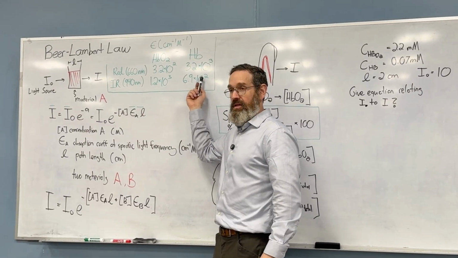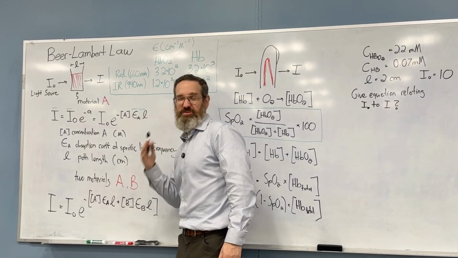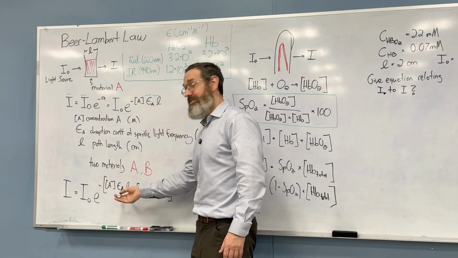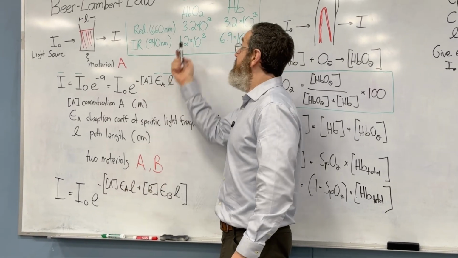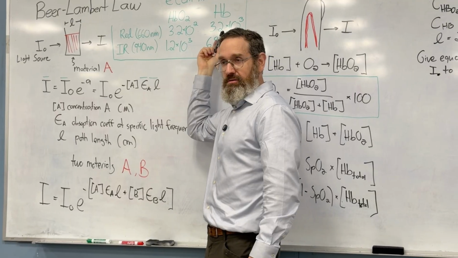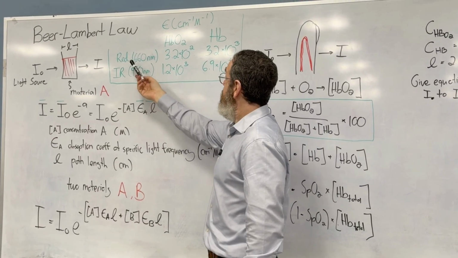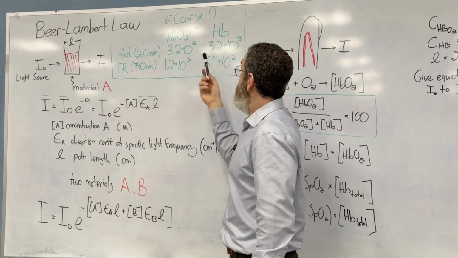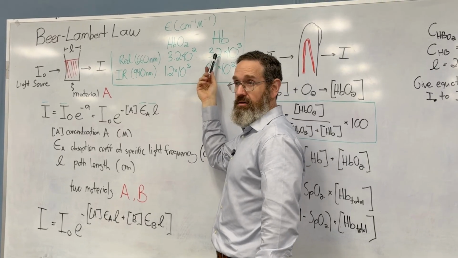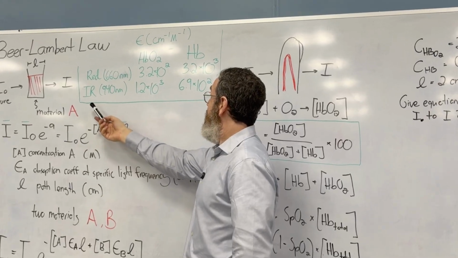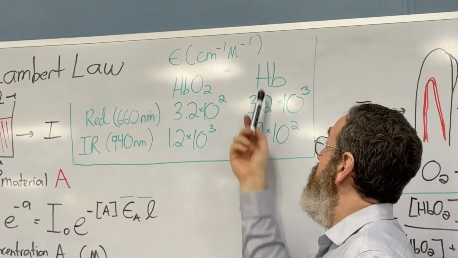Right. So when you're plugging in here, and this is really what I wanted you to get out of it, you can't solve the problem because I didn't tell you what frequency. Because if you used red, well, looks like deoxy is doing a lot of work for you here, right? But if I picked infrared, well, it's a different value.